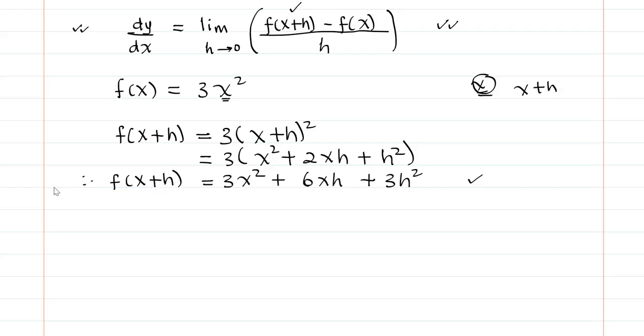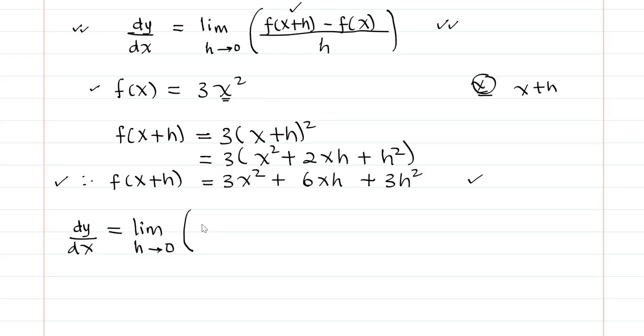Now we have the function f of x plus h that we needed to substitute here. And the f of x here is the given function. And now from there, we simply substitute for them in that formula. So we shall now say, therefore, our dy dx equals the limit as h tends to 0 for the function. What is f of x plus h?